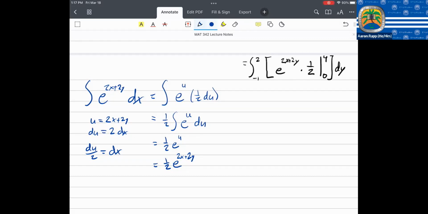Does that get this back? Cool. So I now have to evaluate e to the 2x plus 2y times 1/2 from 0 to 4. And that's again with respect to this variable x. The only thing I'm doing is replacing x with the bounds 4 and 0.